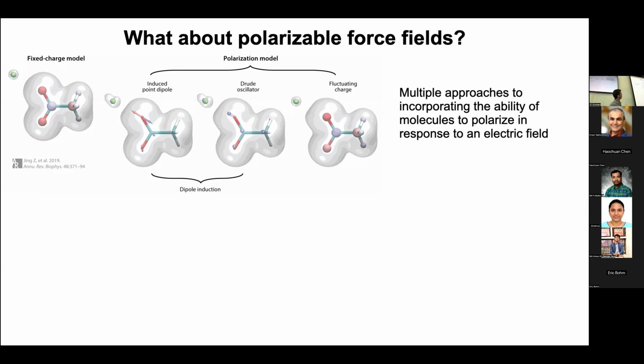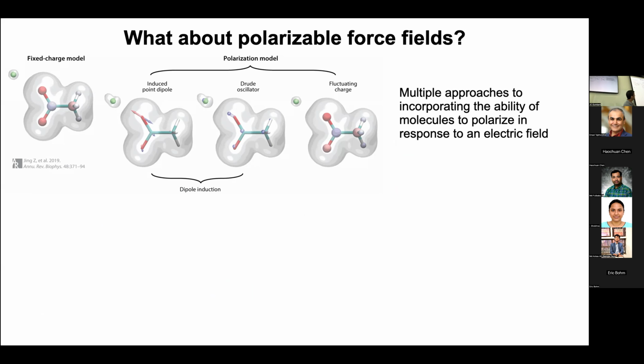There are different ways of incorporating this into our simulation. One way is induced dipoles, where you see a little dipole arrow on that atom responding to the ion. Another way is a Drude oscillator. You put a little particle on that atom with a little bit of charge, and that particle can move in response to the ion coming close to it, thereby changing the polarization.